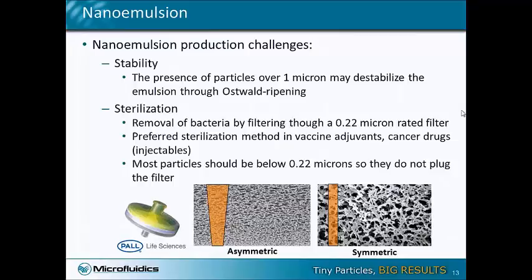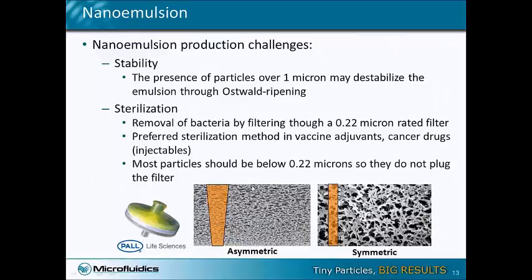During the sterilizing filtration process, the filter membrane generally has a pore rating of 0.22 micron, or 220 nanometers. Here I'm showing two examples of different membranes. The cross-sectional view on the left is an asymmetric membrane, where the pore size varies from large to small.